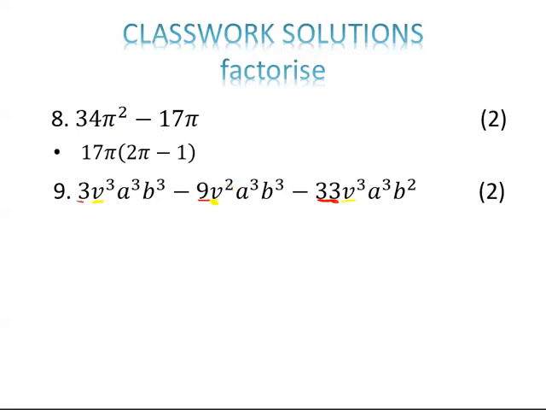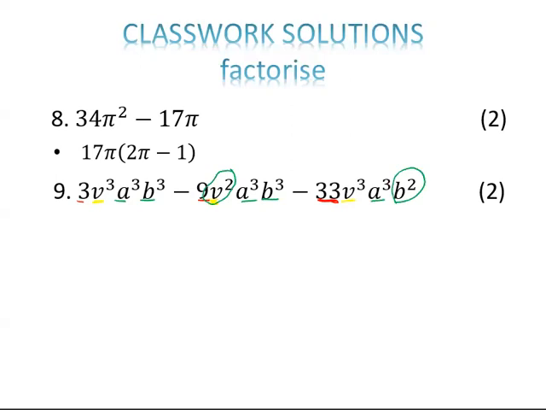So when it comes to the v's, I'll take v squared as a common factor. When it comes to the a's, I have a cubed, a cubed, a cubed. So all of the terms have a cubed. I will simply take out a cubed as a common factor. When it comes to the b's, I have b cubed, b cubed, b squared. Now this becomes the common factor.